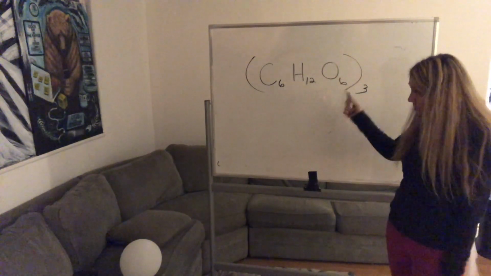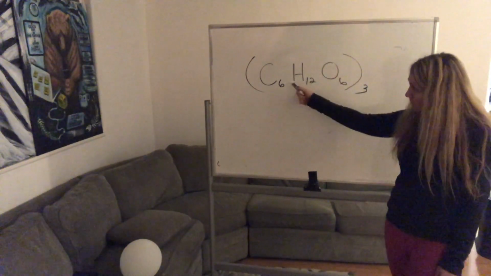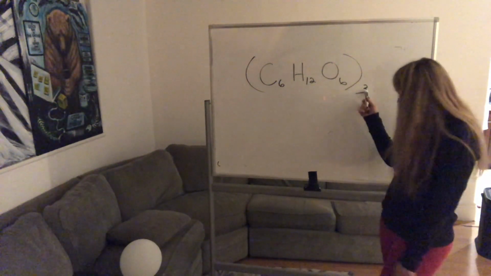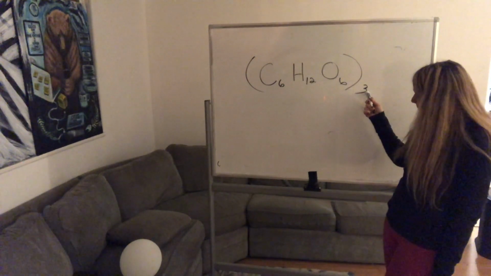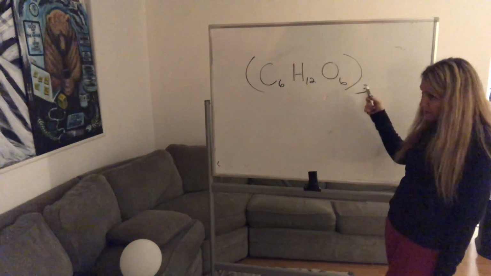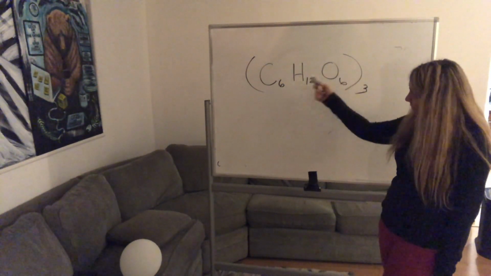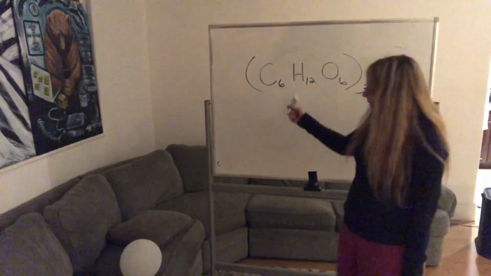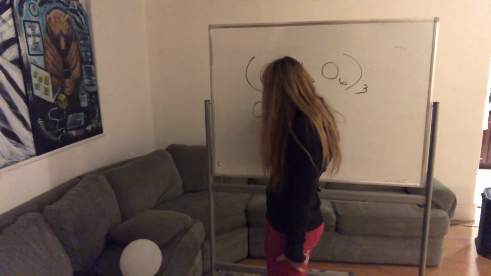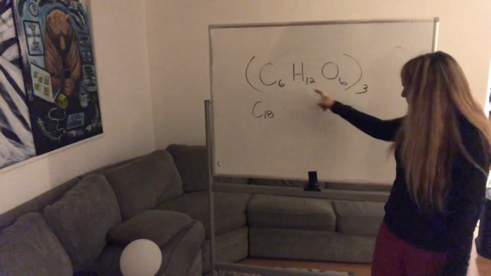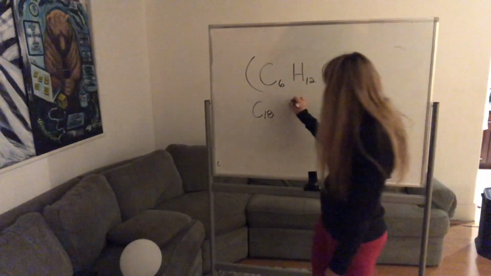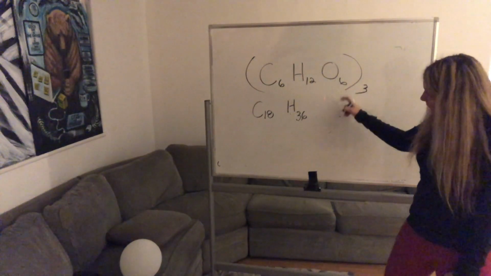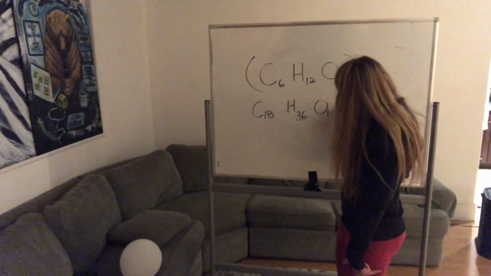3 molecules of glucose. We want to know how many carbons, how many hydrogens, how many oxygens that is. Again, we just multiply the subscript. Since the 3 is outside of the parentheses, we multiply everything in the parentheses by 3. 3 times 6, 18 carbons. 3 times 12, 36 hydrogens. 3 times 6, again, 18 oxygens.